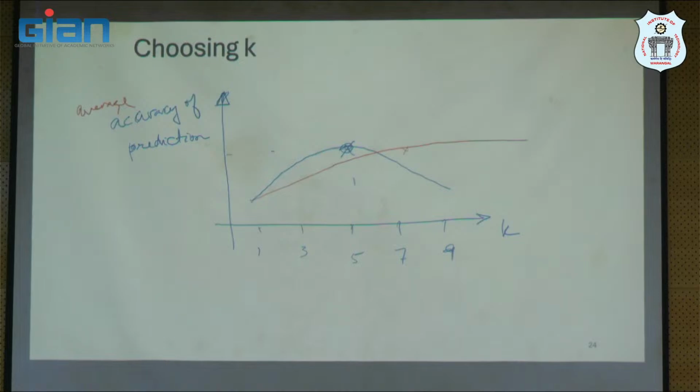This type of technique is called 5-fold cross validation. Okay? And then you will pick k. So the algorithm is very simple, but you have to decide on the hyperparameter, and for that you need to do this exercise. Is this clear?